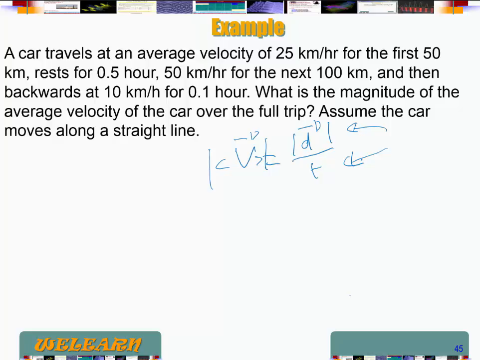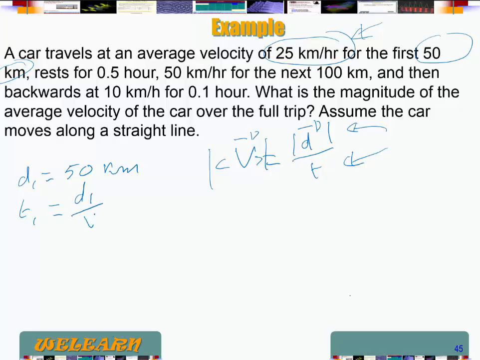So for segment 1, the car moves at 25 kilometers per hour. That's the velocity, average velocity during that segment. And the displacement during that segment is 50 kilometers. So we know D1 is 50 kilometers. T1, the time for that segment, is going to be the displacement during that segment over the velocity during that segment.